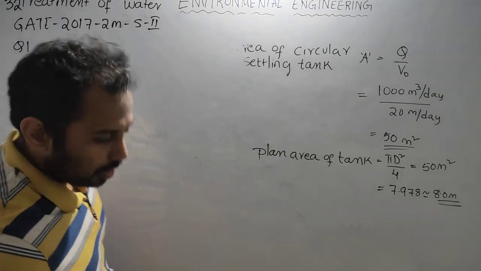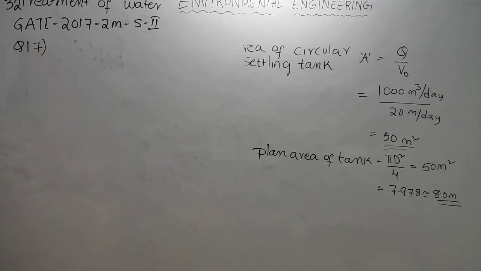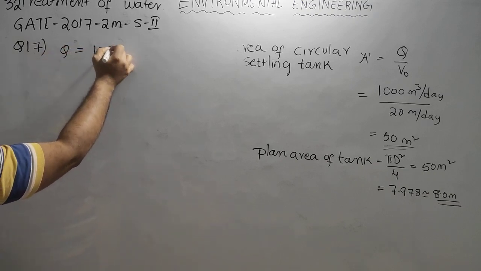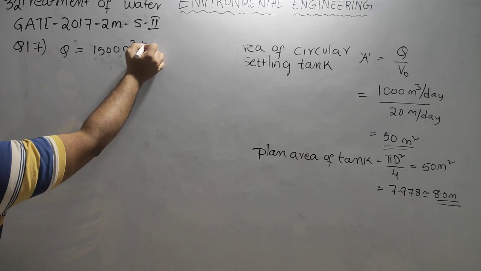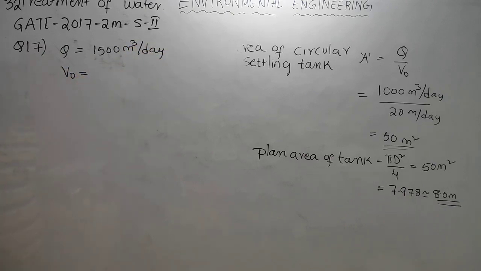In question number 17 also, it is the same question. Q was given as 1500 meter cube per day, and V naught was given as 20 meter per day.